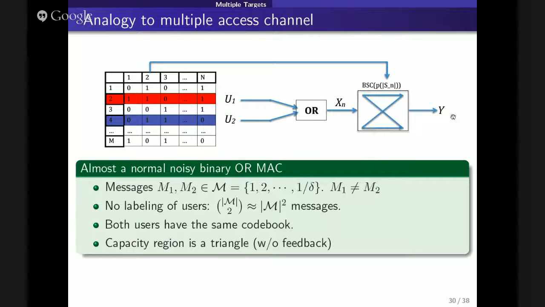In a MAC you care if user 1 sent message 5 and user 2 sent message 7, right? And it's different than if user 1 sent message 7 and user 2 sent message 5. So in a MAC you want to label which user sent what. In our problem it doesn't matter. So there's no labeling of the target, but asymptotically there's no information in this labeling anyway.